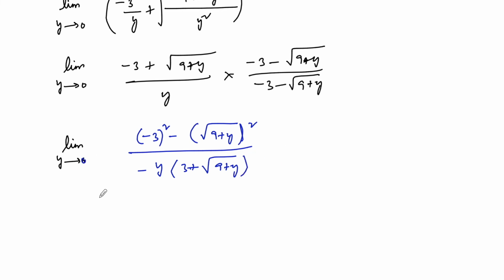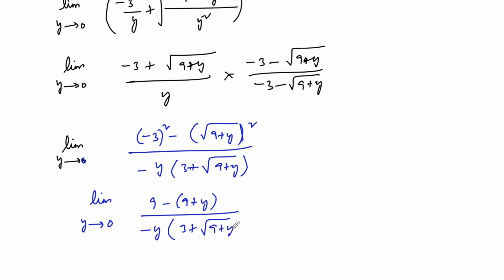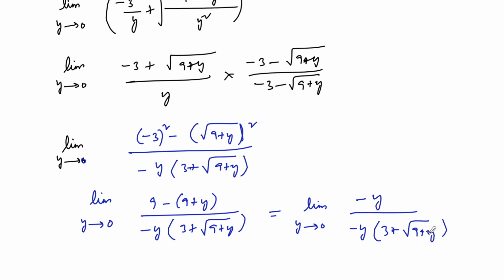So in the numerator we can write 9 minus of 9 plus y upon minus y times of 3 plus root over 9 plus y. So which is equal to limit y tends to 0, 9 minus 9 is 0 and negative y upon minus y times of 3 plus root over 9 plus y. So we can cancel negative y in the numerator and denominator.